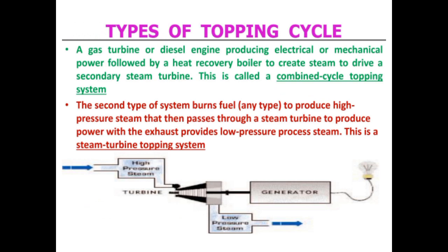A gas turbine or diesel engine is producing electrical and mechanical power, followed by the heat recovery boiler for the secondary turbine, and the steam is again sent to the secondary turbine on behalf of the first turbine. Then we call it combined cycle topping system. So that waste heat is again sent to the secondary turbine, we call it combined cycle.